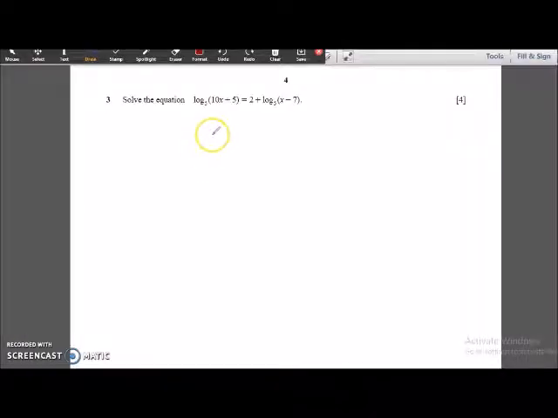Okay, this is the third question for today, and the marks given here is 4 marks. Now you could see here's a log 5, here's a log 5, and here you have a 2, a single number. So what we can do now is we just copy this 10x plus 5.